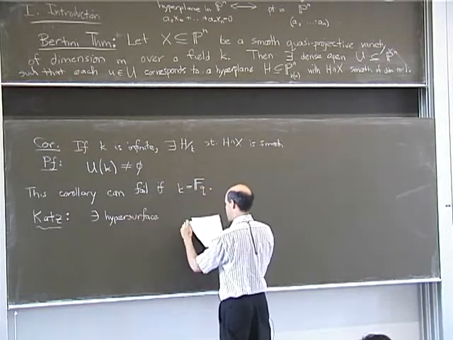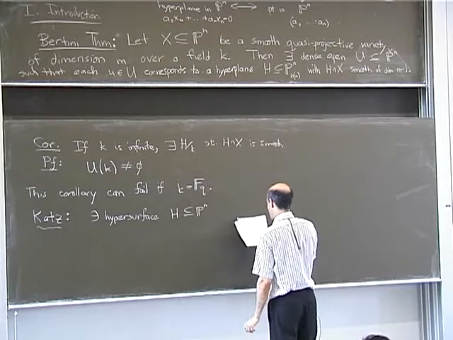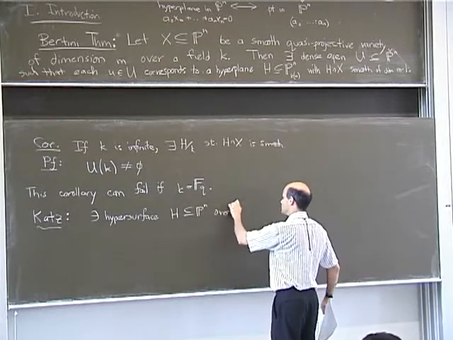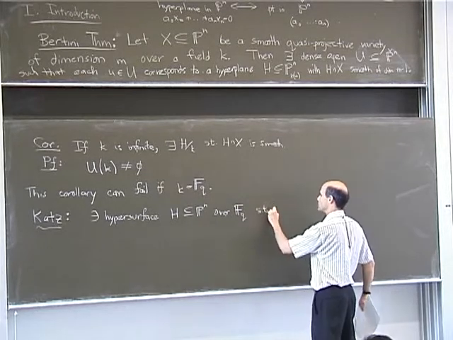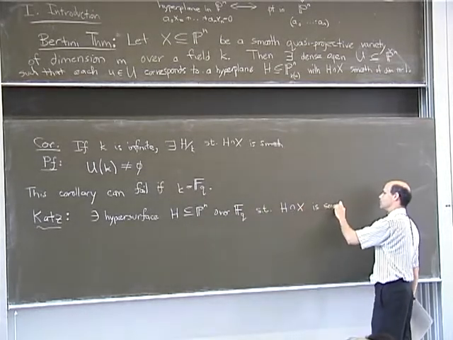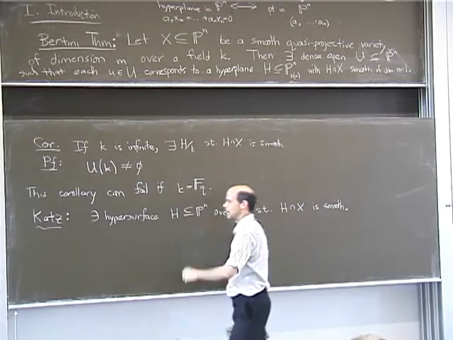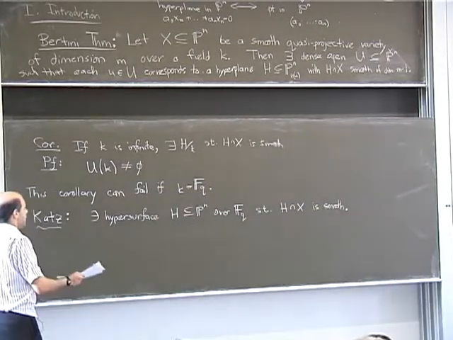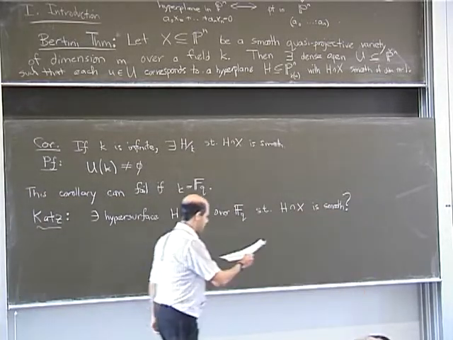So a hypersurface H in Pn, but over K, which from now on is going to be this finite field F_q. Does there always exist a hypersurface such that H intersect X is smooth? Because now, even though you're restricting the ground field, you still have infinitely many to try, and so there's some hope. So this is a question he asked, and the answer is yes.